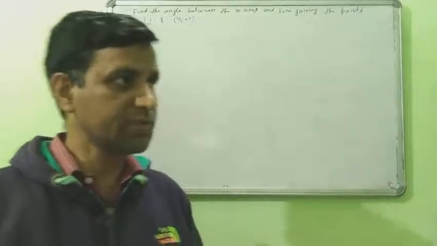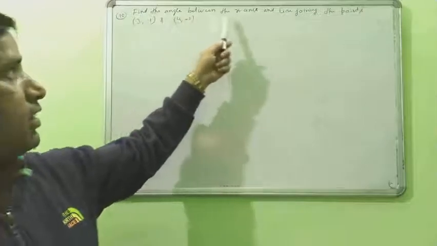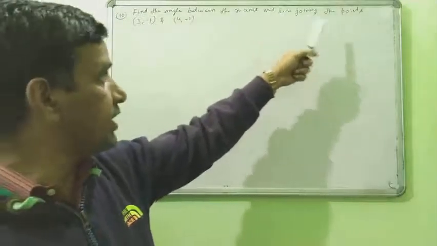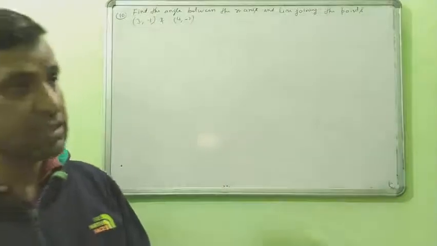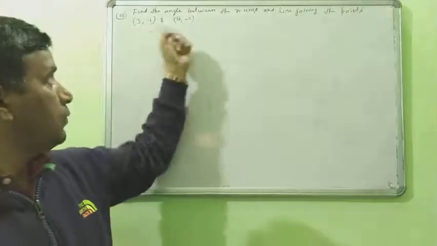Yes, class. Next question I am taking. Question number 10: find the angle between the x-axis and the line joining these points. Here again, you find the angle between the x-axis and the line you draw.